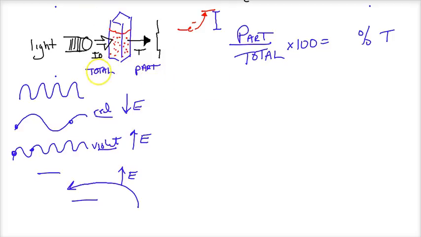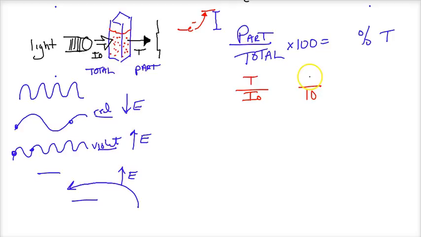Well, it means that I can take this total, which is the incident, I0, and the part is the transmittance, and I can get a value here. Now, let's put some numbers. Let's pretend that the I0 is 10 to make life easy, and I have a very dilute concentration of some kind of chemical that has a color that's using part of the spectrum of light.